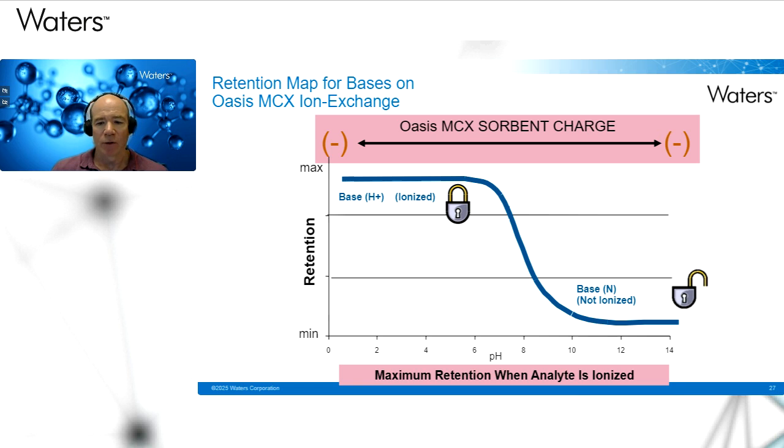We're not going to get fully efficient extraction, or we're not going to get good retention. We're going to get some breakthrough and leaking, and we're going to have some issues. So in this case, we would want to keep things bound lower than, say, pH 4 or 5, and to elute them, go no lower than pH 11 or 12.